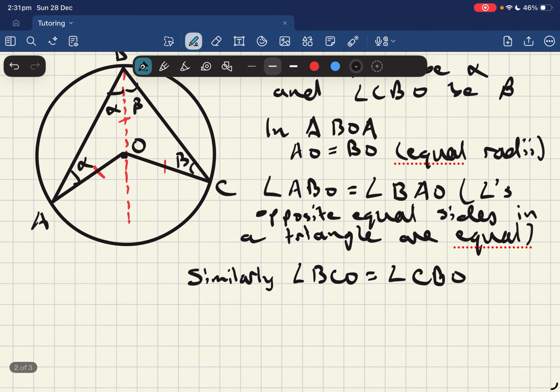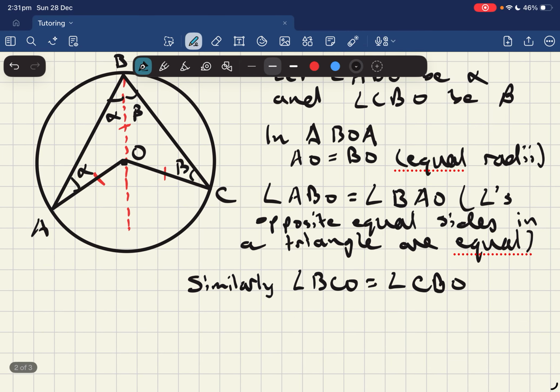Now, in order to do the next bit, we need to remember a particular relationship with the angles in a triangle. Now, thinking back, when we draw up a triangle, there's a relationship between the exterior angle and these two angles on the inside. These two are actually equal.